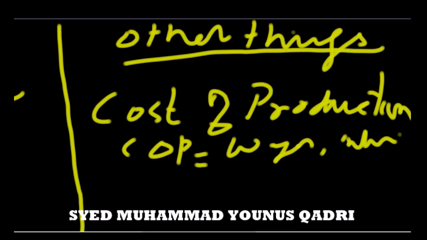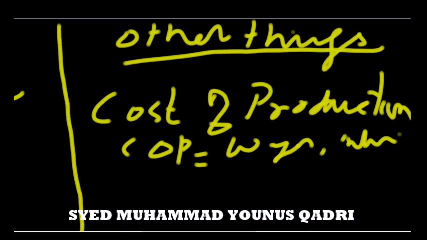Whatever is required is part of the cost of production. If we keep these factors constant, there is also the managerial decisions, good and bad, two types of decisions.